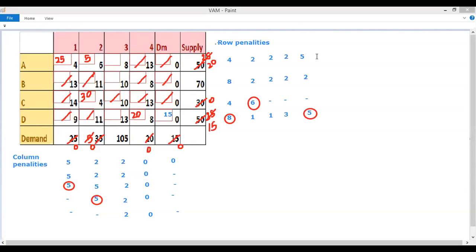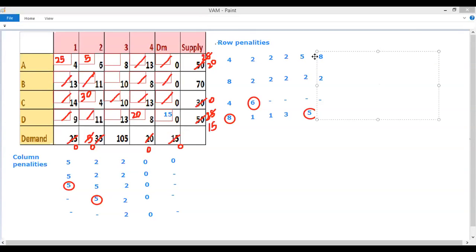Now again we have to compute penalty. To compute penalty we need two values. Here we have only one value, so take that cost value as the penalty. And here the penalty will be 2. Here we don't have to compute.